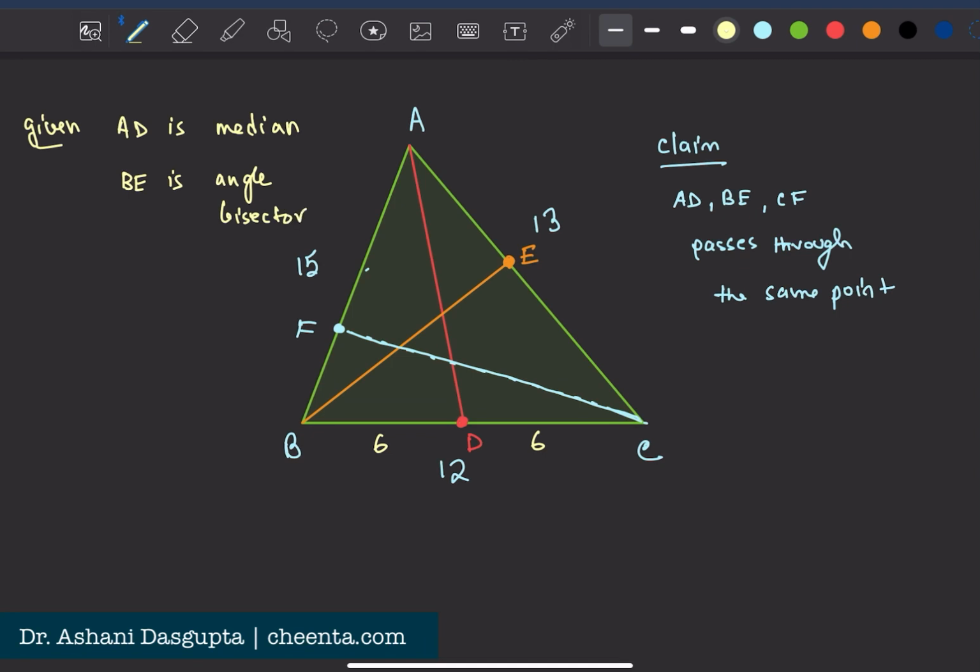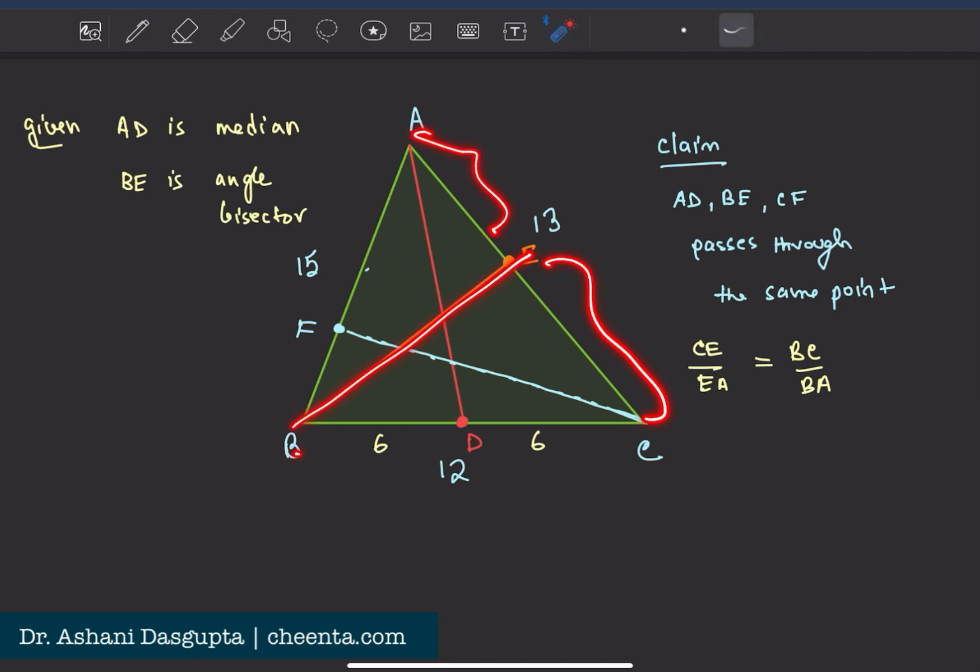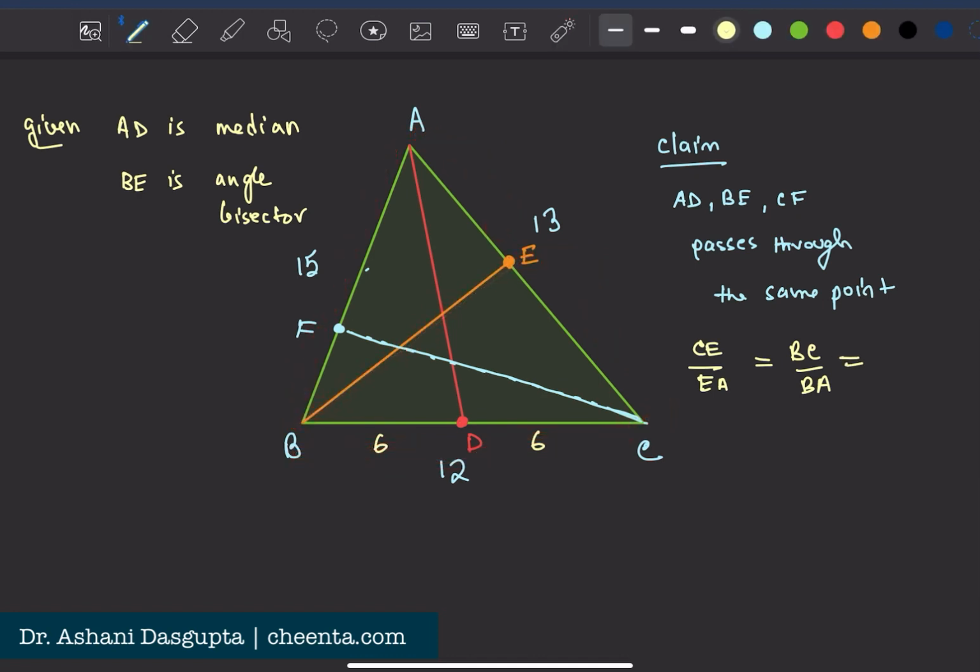So if you use the angle bisector theorem, you know that CE over EA is equal to BC over BA. This is just the angle bisector theorem, which is simply 12 by 15.